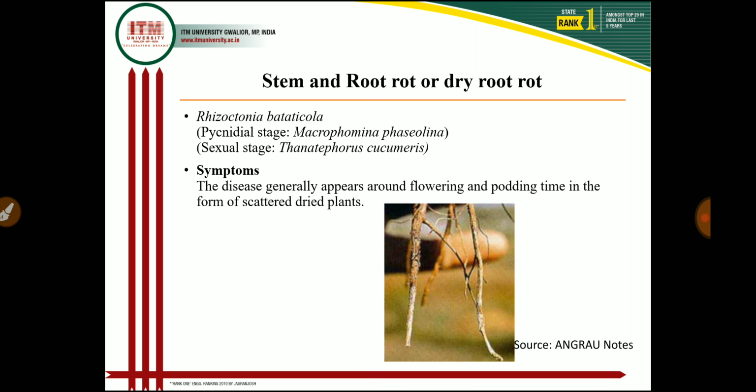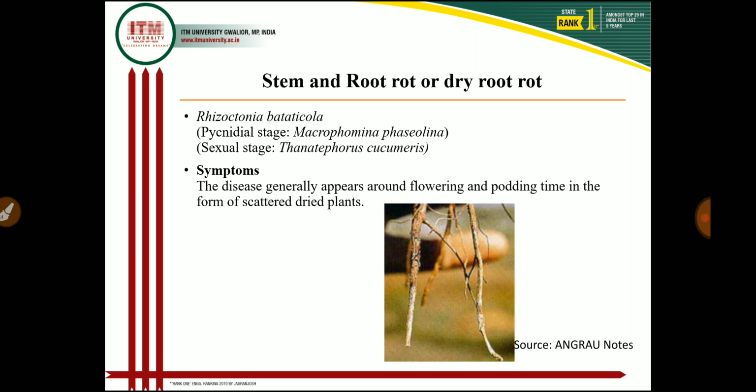As you see in the photographs, we clearly see the root rotting of the root of the gram, and we see sclerotial bodies of the fungus in the root as black color. And so these diseases are very important, and as the name indicates, root rot or dry root rot, mainly the roots are affected.